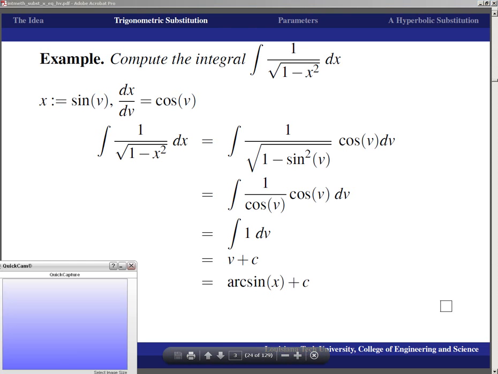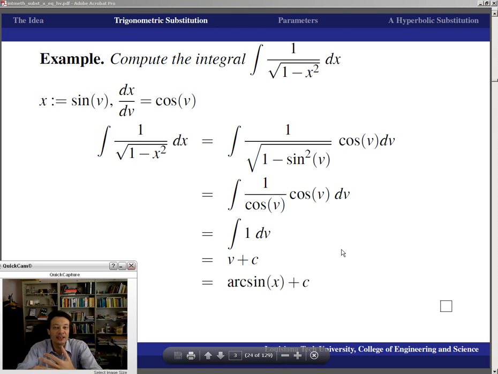Now, that looks as if it might be a way to sidestep the need to memorize the derivative of the arcsine function or the antiderivative of 1 over square root 1 minus x squared. Don't use it like that. You want to know what the antiderivative of 1 over square root 1 minus x squared is without having to look it up and without having to go through this process, because as we are going to see, we're going to tackle much more complicated patterns, and then knowing certain antiderivatives can help a great deal.